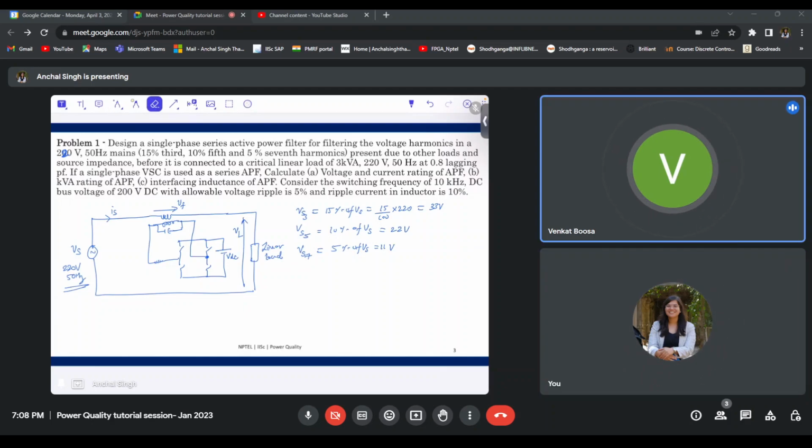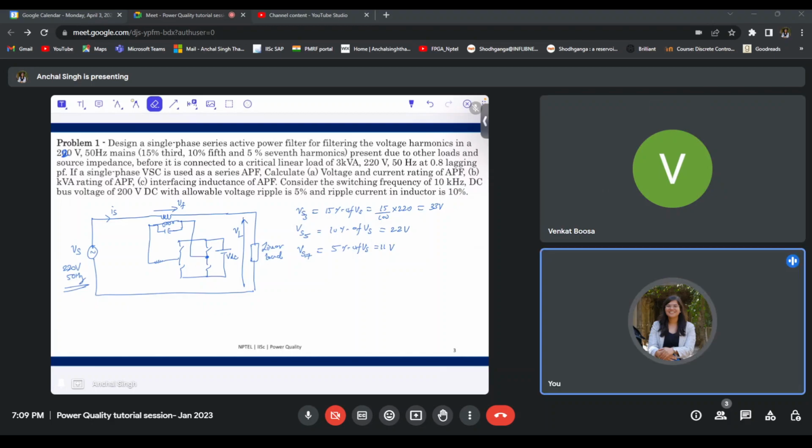Here you have corrected it to 220 volts, madam. But if you write 200 volts, is there any problem, madam? Yeah, the calculations will change now. I have already mentioned here 220 volts. Here I have mentioned 220 volt 50 hertz, no? So this also has to be the same, no? There was a typing error, that's it.